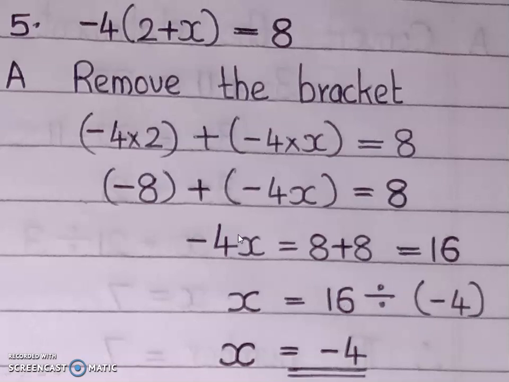Because minus 4 is multiplied here. So, 16 by minus 4 is equal to negative 4. So, x is equal to negative 4. Next question.